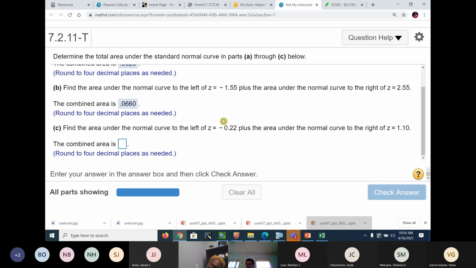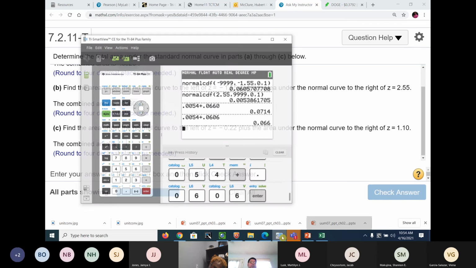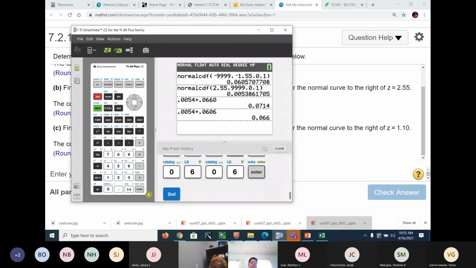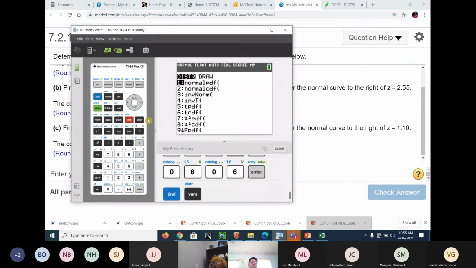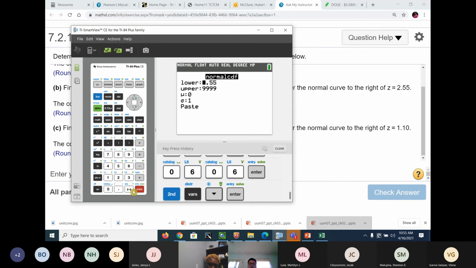So, same thing. -9999, second bars. I'm sorry. That's okay. CDF, I'm talking to myself. Don't worry, I'm not talking to y'all because y'all won't talk to me. -9999 to -0.22.